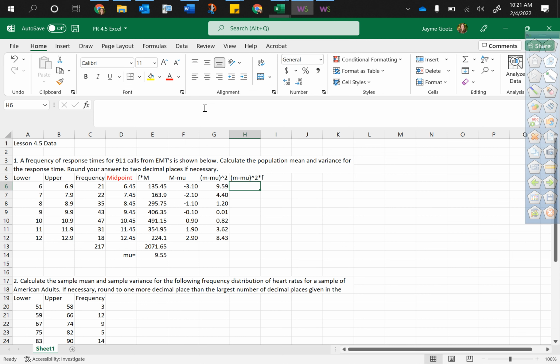Here's how we're going to do that. Ready? Equals that last cell that we just found times frequency. Then what are we going to do? Drag it down. Okay?